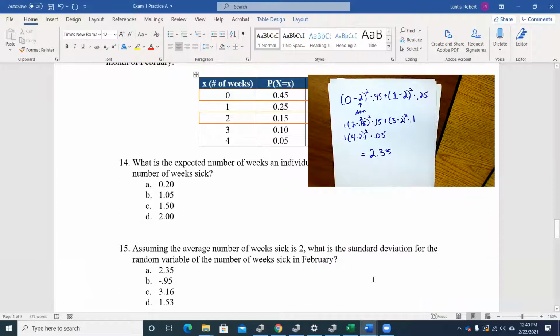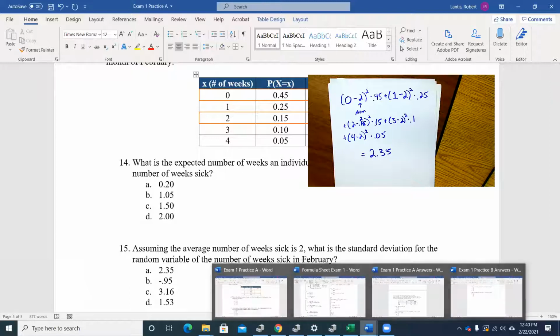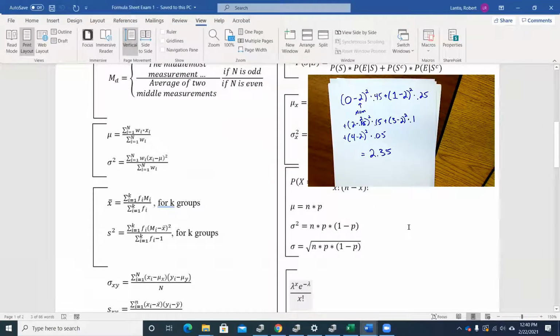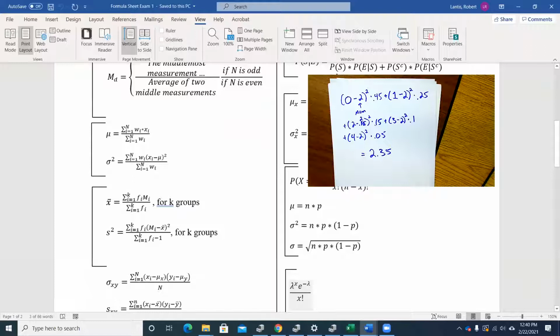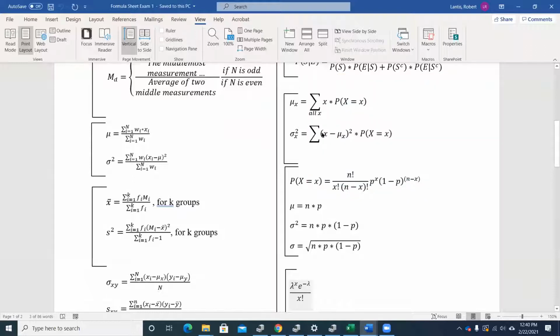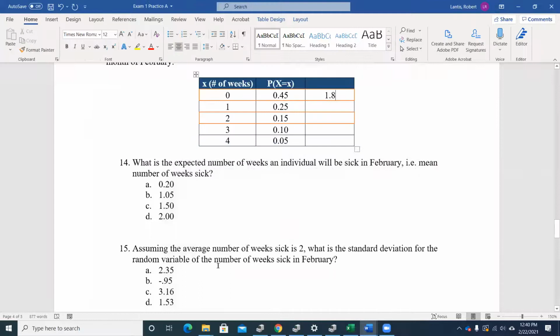Now, that's my answer, right? What did this problem actually want? The standard deviation. The equation that I just used and that I have in my formula sheet was for sigma squared or the variance, right? So if I want the standard deviation, it's the exact same process, but what do I do to that 2.35? That's my variance. To get the standard deviation, I just square root, right?